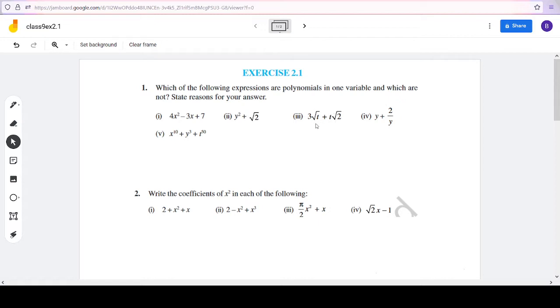Here you can observe that this is not a polynomial at all. This expression is not a polynomial because the power of t is only half.